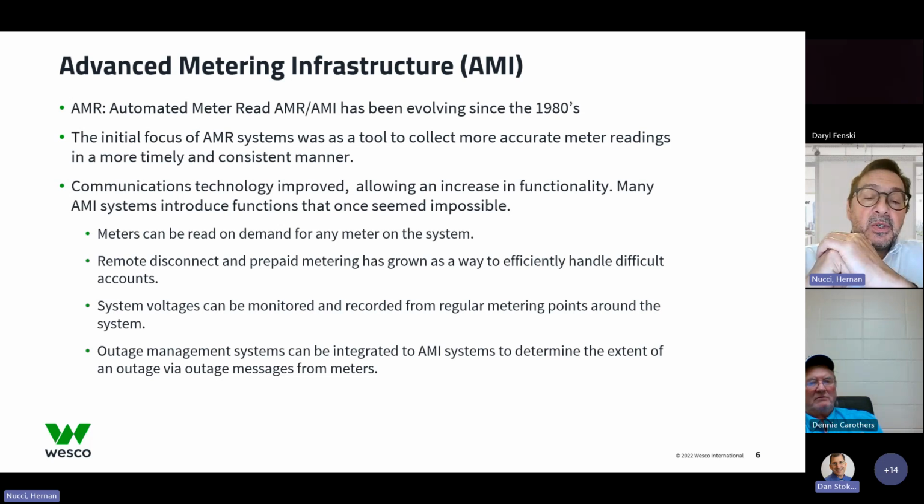You can use certain meters as bellwether meters, and you can read voltages across your low voltage line. And finally, every time a meter is disconnected, you get a message, so you can map outages much more efficiently. So we started trying to read meters better. Now we're in a position in which we can extract much more information from our meter install base.